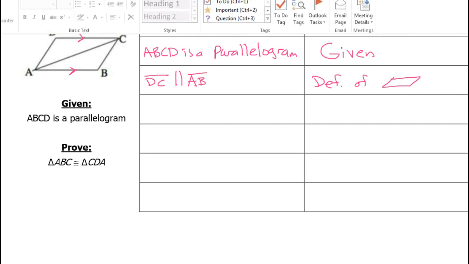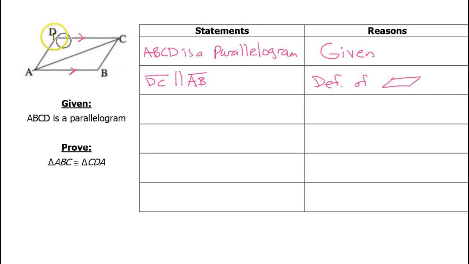Now that I have those parallel sides, let's highlight them. So these sides are parallel. If I also highlight the transversal, then it makes it clear which angles have to be congruent. These are alternate interior angles right here.